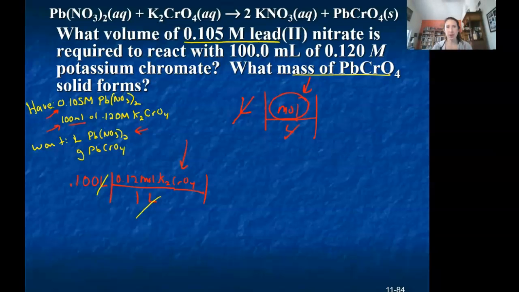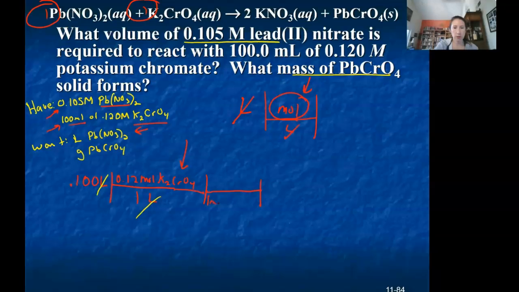We have something, but we want something else, so we have to do a mole ratio. We can do a mole ratio between Pb(NO3)2 and K2CrO4, which is 1:1. And where do we look? Right here, they're ones, 1:1.